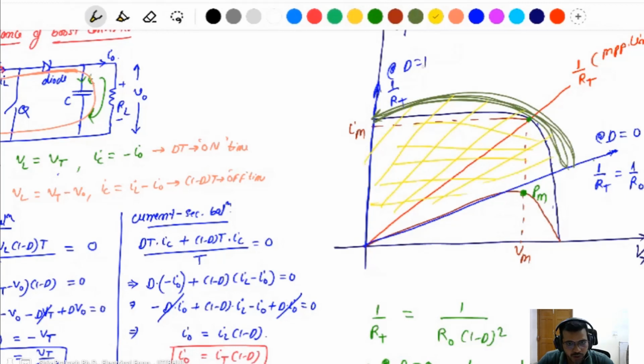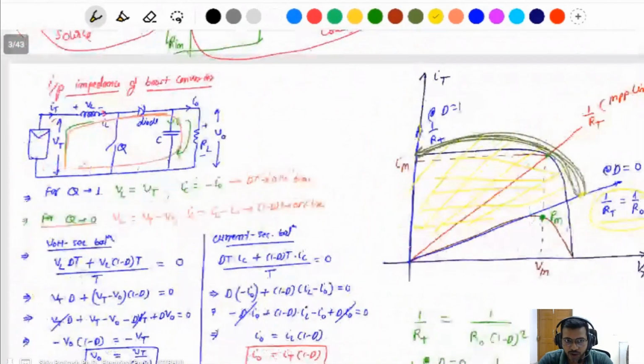D can vary from 0 to 1 only, you can't vary beyond this. The 1 by R naught depends on the load resistance. You can vary from here to here to get the maximum power from the PV, but the maximum power point must be in this range.